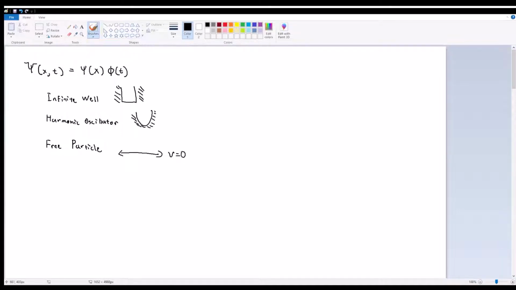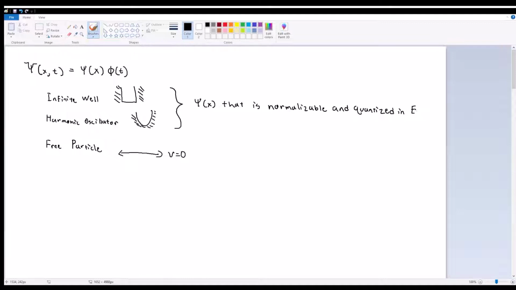So what we've seen is that the separable solutions obtained when solving for these top two, the infinite well and the harmonic oscillator, result in psi of x that is normalizable and quantized in E. What we mean is that, first off, the stationary state solutions for both of these types of potentials are normalizable, and also the energy values take on discrete values.